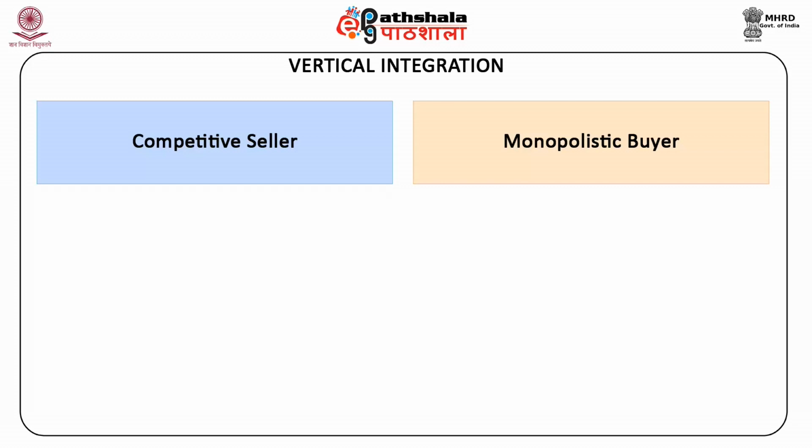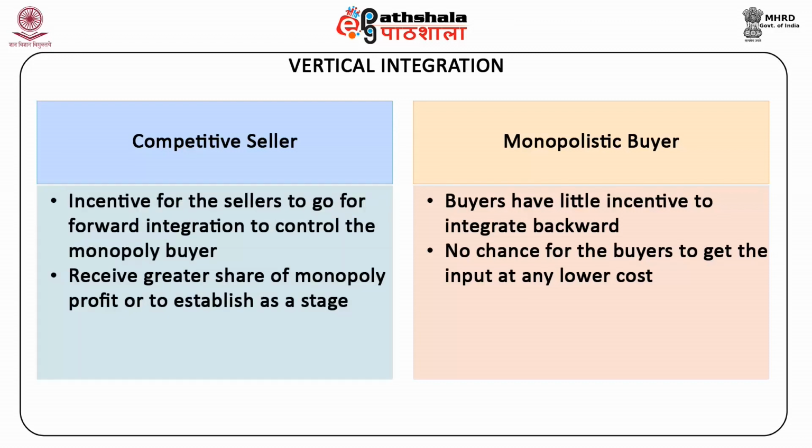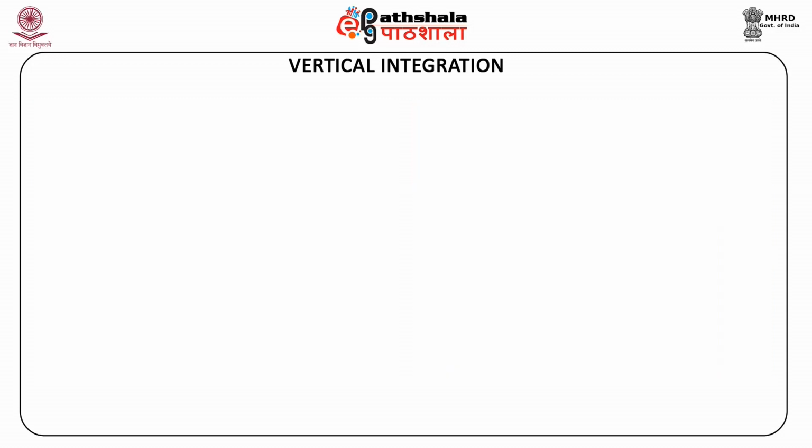In case the seller stage is competitive and the buyer stage is monopoly, the buyers have little incentive to integrate backward, as there is no chance for the buyers to get the input at any lower cost. However, there is an incentive for the sellers to go for forward integration to control the monopoly buyer and receive greater share of monopoly profit, or to establish as a stage 2 producer if entry conditions permit.